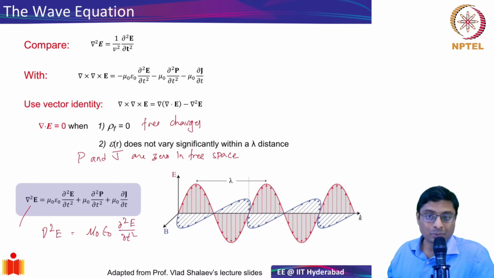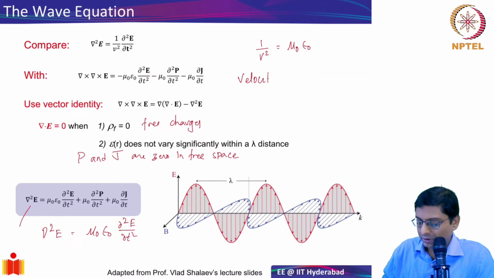But what is the speed of this wave? How fast does it propagate? For that we have to compare the coefficient of the time derivative. In the original case we had 1 over v squared, and in the equation that we solved, we got mu naught epsilon naught. So the velocity of the EM wave is going to be 1 over root of epsilon naught mu naught.